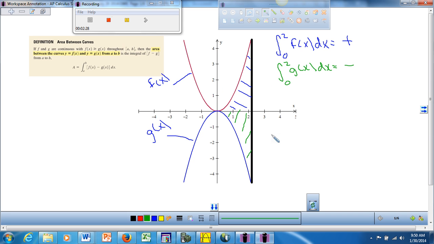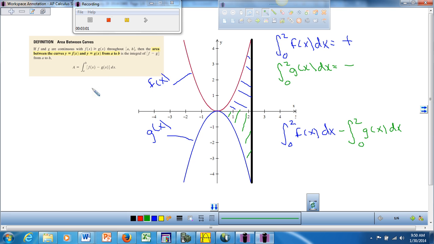To get that sum total, I could take the integral from 0 to 2 of f of x dx, and then do what with the integral of g of x? Subtract it. Minus the integral from 0 to 2 of g of x dx.